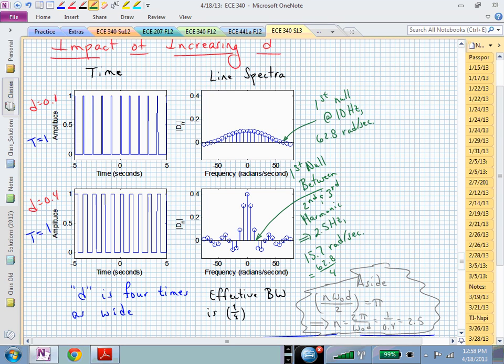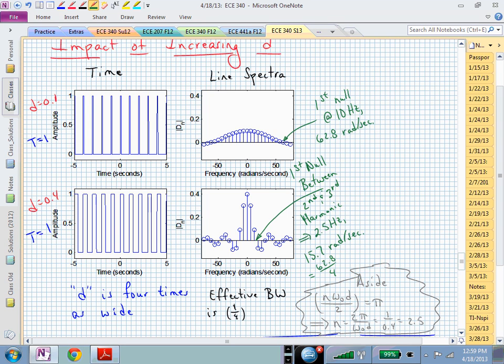And here's sort of a little aside. In omega naught D over 2, the first time that's going to go through 0 is when it equals pi. If we solve that for little n, what harmonic is going to be where we cross 0, then this calculation shows that it's 1 over 0.4, or 2.5.